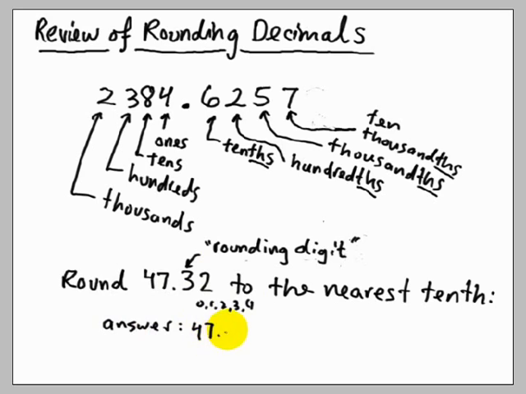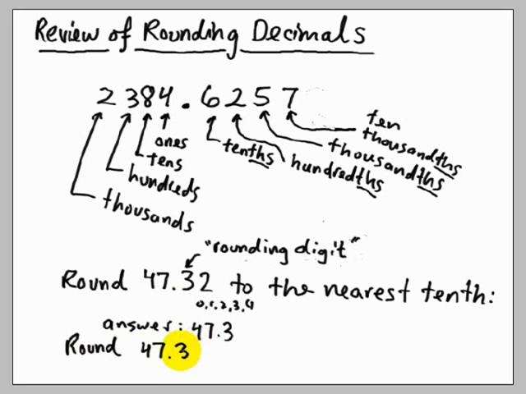In other words, we leave that 3 alone, and we just chop off this 2, and our answer is 47.3. Okay? Now, just give me a second here. This may seem a little bit weird right now, but let me go on to the next one.